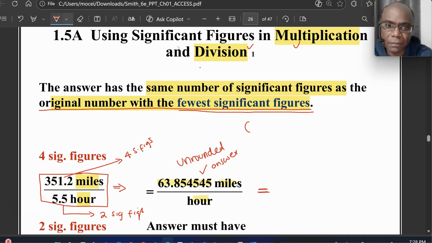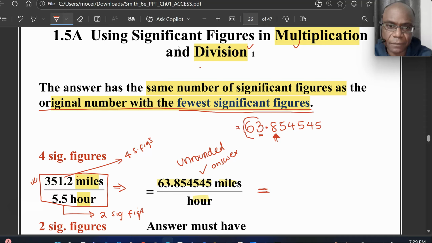Now, our number is 63.8545, that's the answer you get when you divide 351.2 by 5.5. To report this to 2 significant figures, because 5.5 has the least significant figures, we put a marker here on the 3 and look at the next number, the first value after the 3, which is 8.